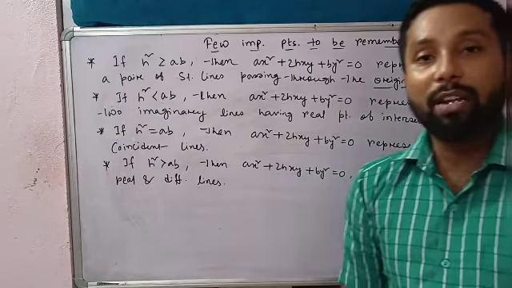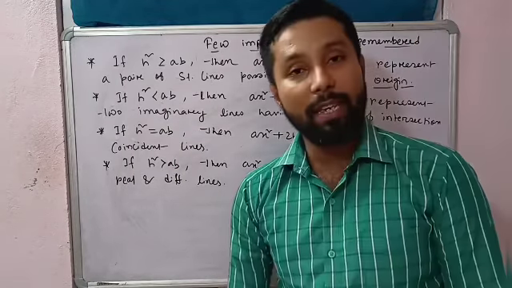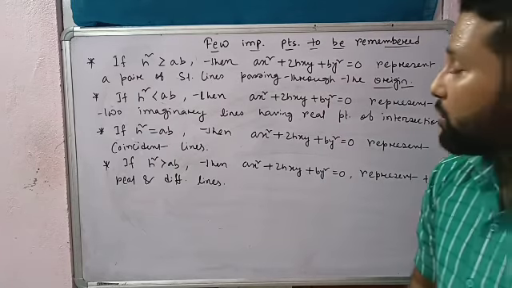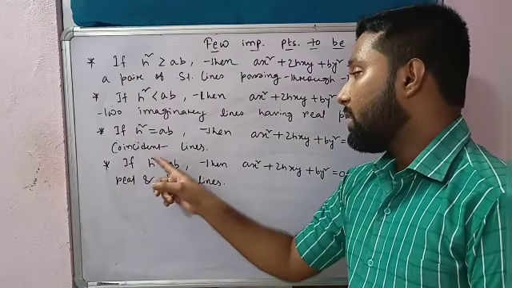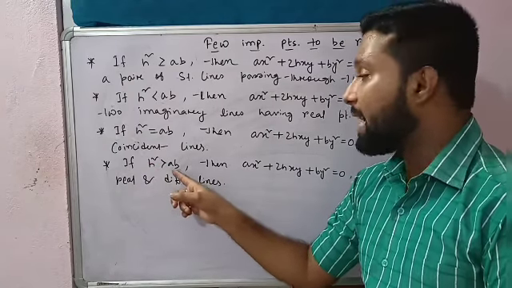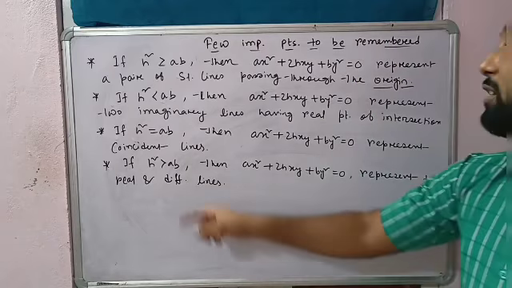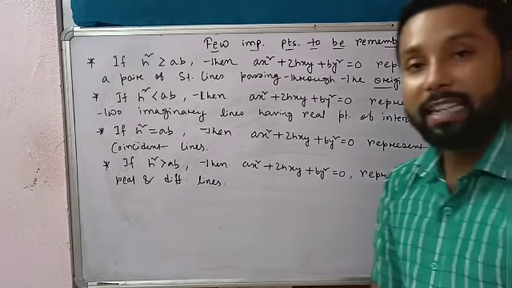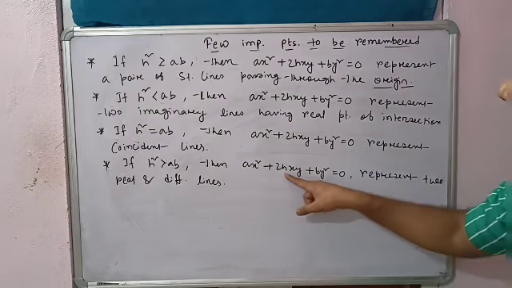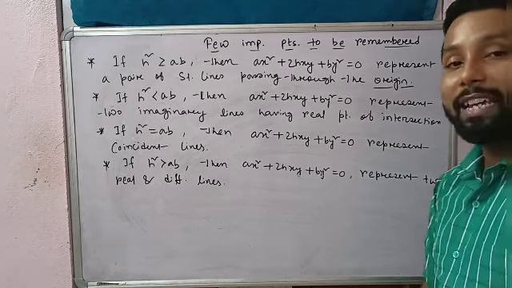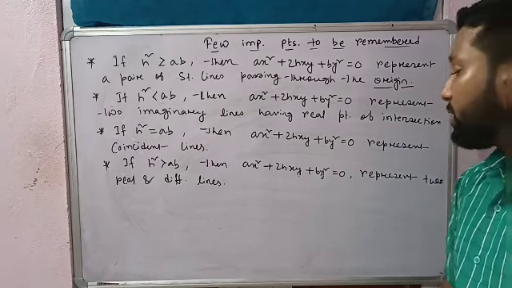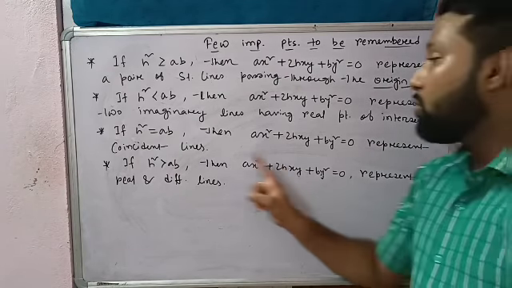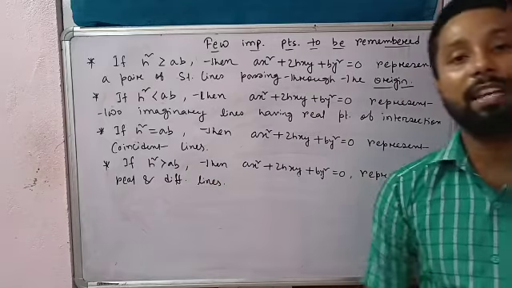The value of h square must be equal to the value of ab, right? And the fourth one is if the value of h square is greater than ab, then the equation ax square plus 2hxy plus by square equal to 0 represents two real and different lines.